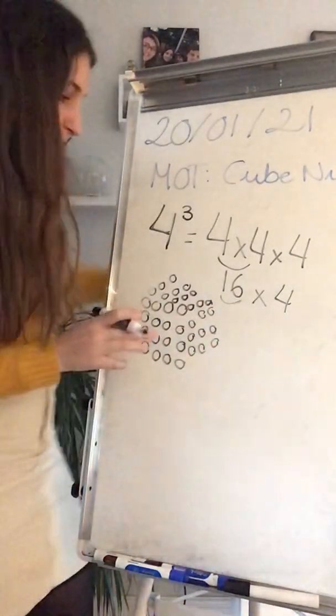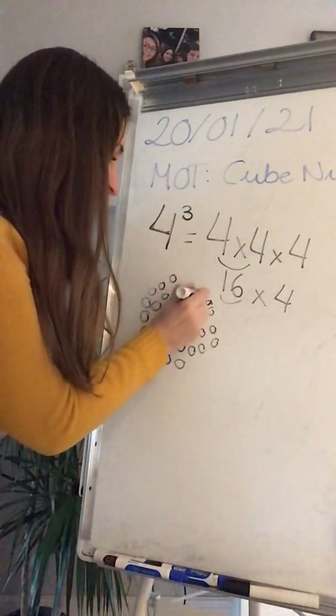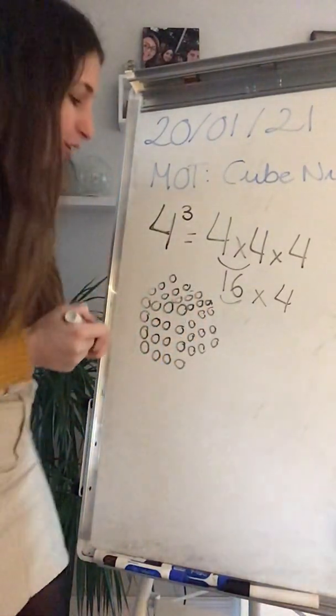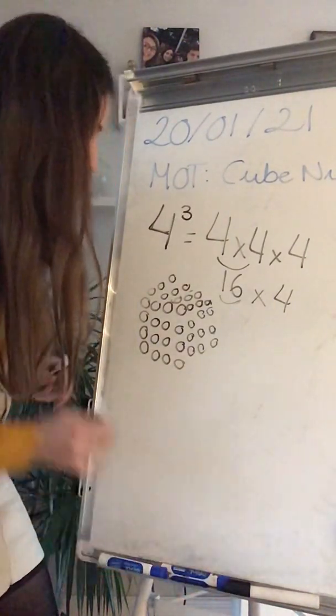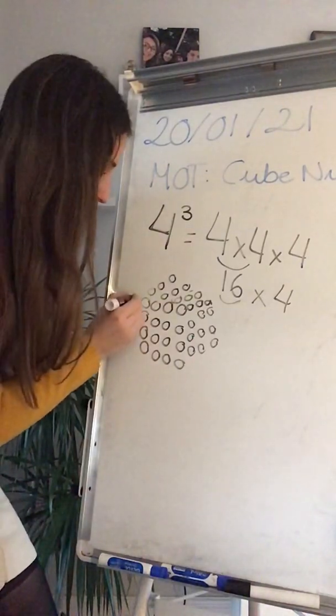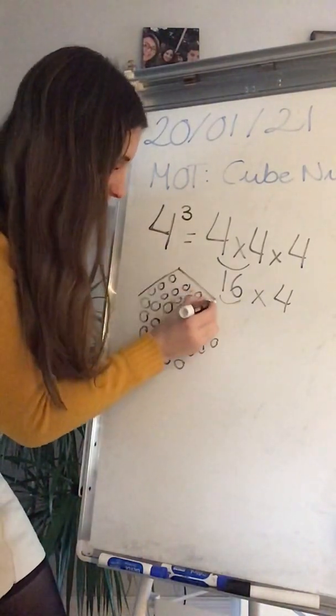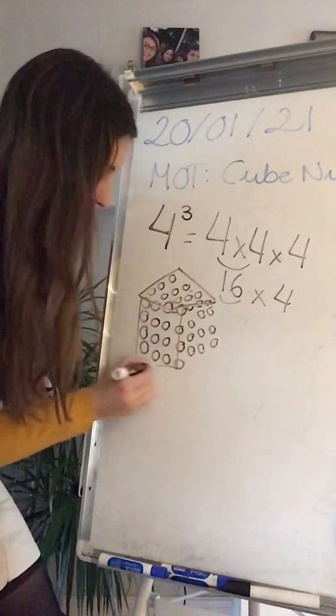Just ignoring my drawing, because I have basically drawn it not perfectly, what does that look like? It does look like a cube, doesn't it?